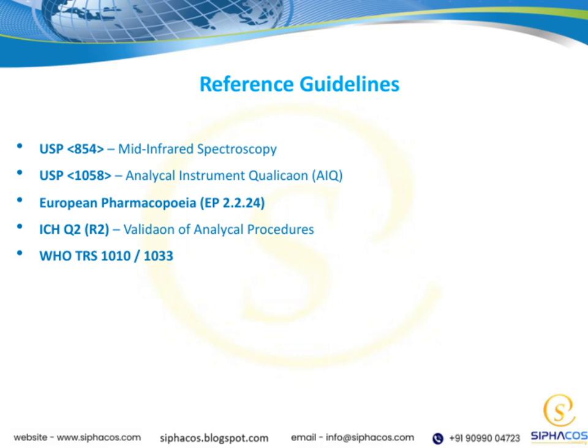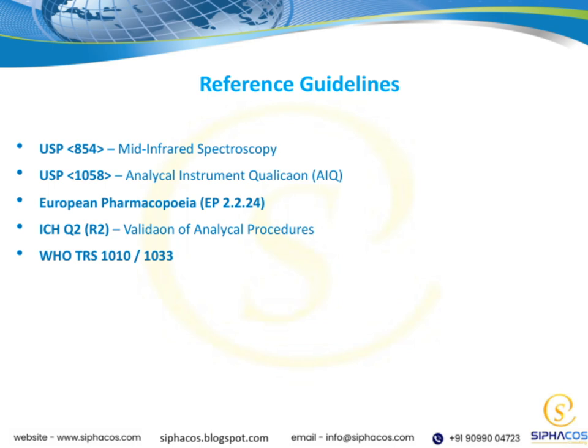Moving on, the European Pharmacopoeia, specifically EP 2.2.24, also offers detailed methods for spectroscopic analysis. It emphasizes method validation and proper documentation, which are vital for compliance and quality assurance. Then we have ICH Q2(R2), which is all about the validation of analytical procedures.